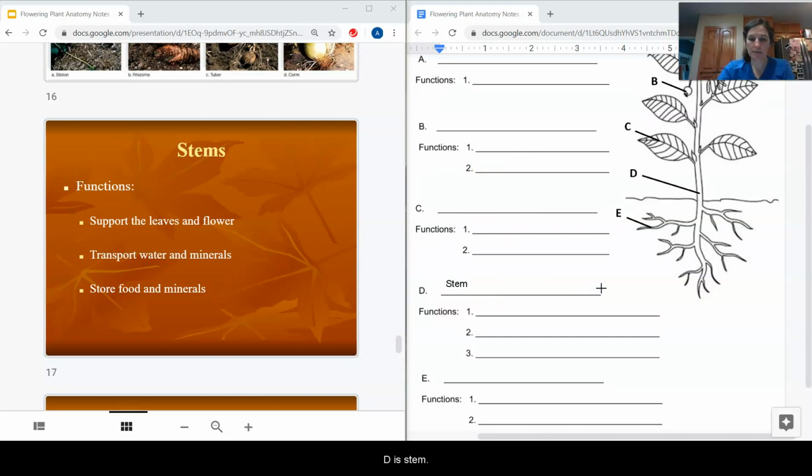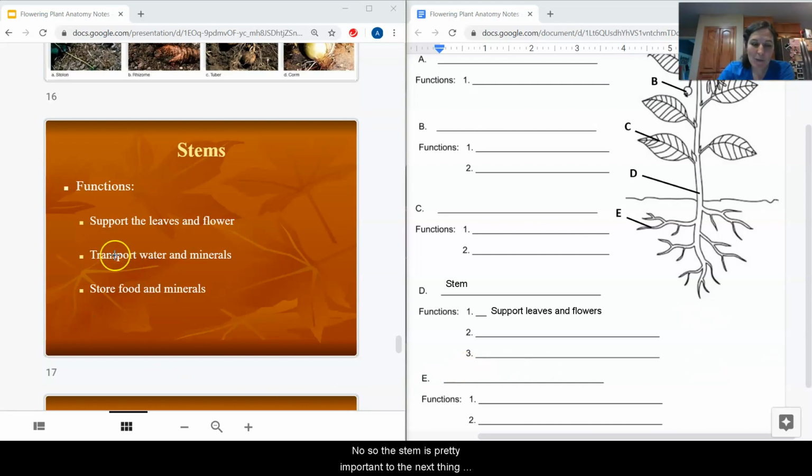D is stem. And the function is going to be to support and hold up the leaves and flowers of the plant. Okay. If your flower is laying in the dirt and the stem's not holding it up, can it be pollinated? Can the wind carry the pollen? Can the bees get to it? No. If the leaves are just kind of sagging in the dirt, are they going to be able to do photosynthesis? No. So the stem is pretty important.